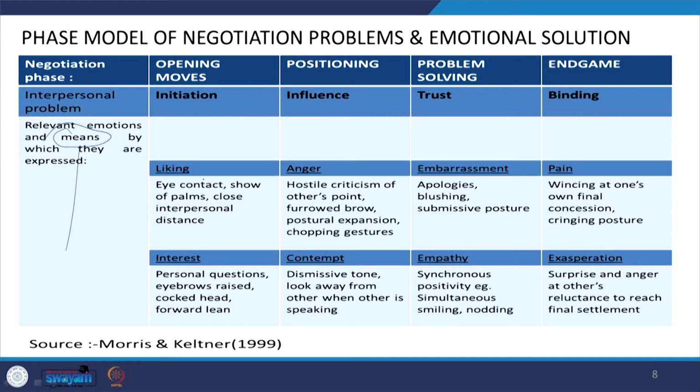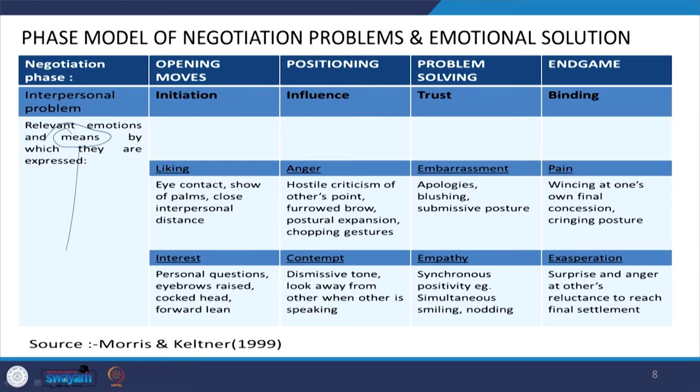In the case of influence positioning, with hostile criticism of others, anger will be there. When you have eye contact and show of palms, liking will be the initiation stage.